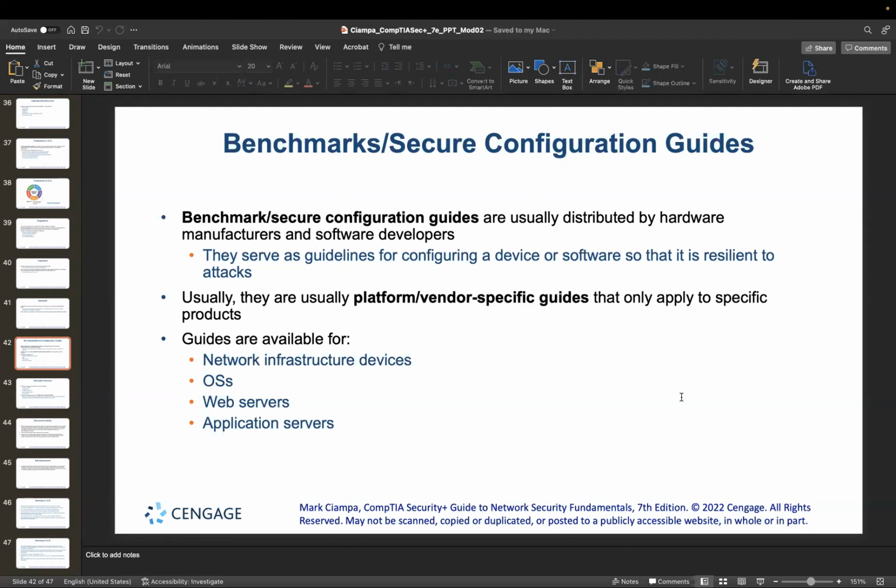Those guides come for anything from the physical layer of your network, like infrastructure devices such as routers and switches, to operating systems and different types of applications.